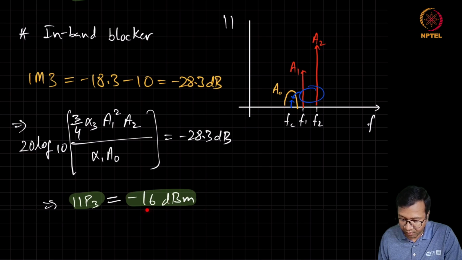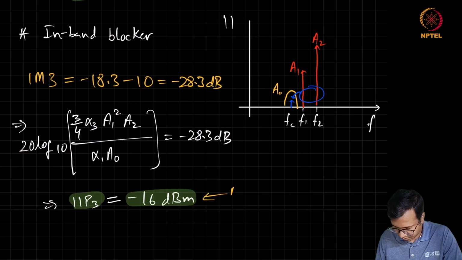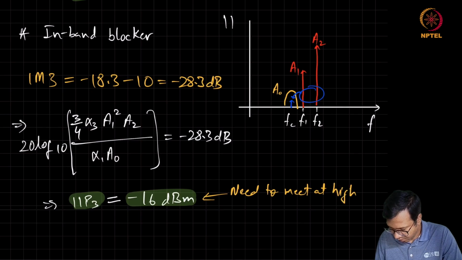So in such a scenario, the receiver is going to have a very high gain. And under that high gain condition, we need to meet this minus 16 dBm IIP3, at high gain mode.